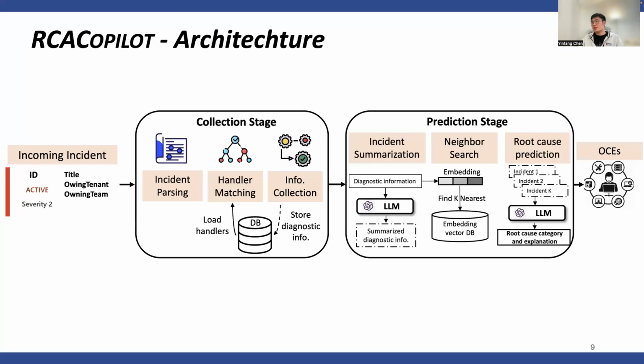In the prediction stage, we will try to summarize those incidents, and we will try to find similar incidents from our previous database of incidents. And the last step is to do a root cause prediction. And we will feed the final results to the OCEs, the on-call engineers, to help them analyze the incidents.